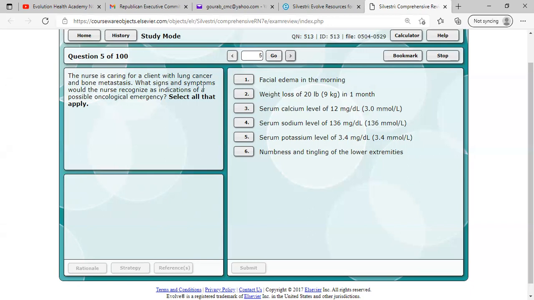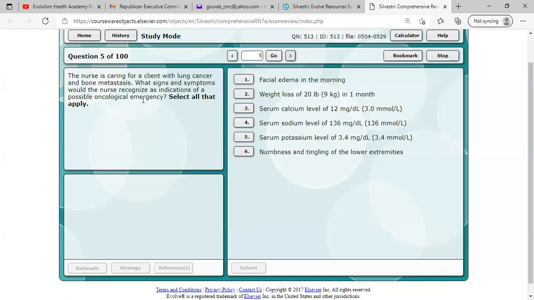What signs and symptoms would the nurse recognize as indication of possible oncological emergencies? So a patient diagnosed with lung cancer, and the lung cancer has metastasized to the bones, means complications started. So which sign from here do we need to call an oncology emergency, right?